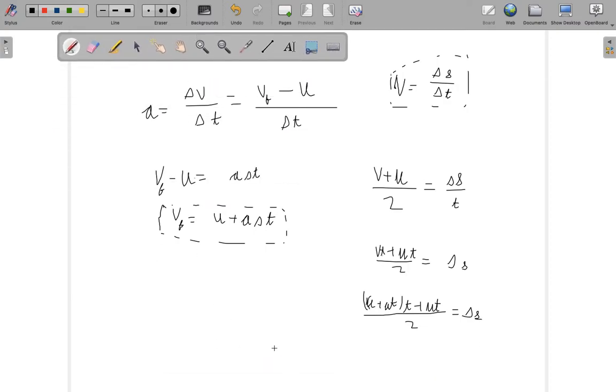If we rearrange this a bit, we end up with our displacement is equal to 2 times initial velocity times time plus acceleration times time squared, divided by 2, which simplifies into initial velocity times time plus acceleration times time squared divided by 2, which is our second kinematics equation. And yeah.